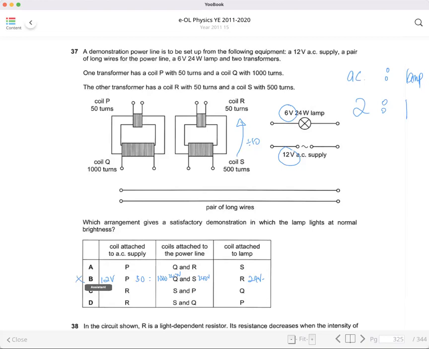Then Ryan, tell me C. This one is divide by 20 or times 10. Ryan says put R here. R to S, you multiply by 10. So 12 volt multiplied by 10, I get 120 volt.